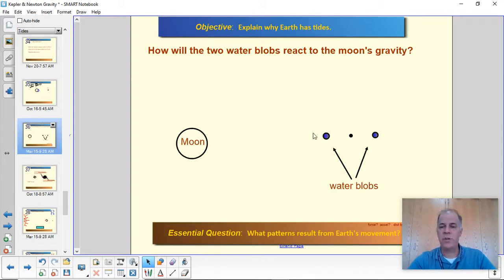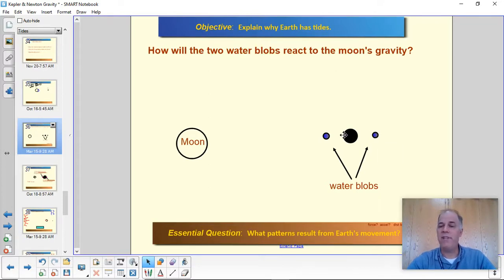The whole package would be getting elongated, stretched out, like a slinky being pulled apart a little tiny bit. And if we made the rock bigger, same thing's going to happen. It doesn't matter how big this rock is. As they fall in toward the moon, there's still going to be this stretching effect, because the force on the near blob is stronger than the force on the far blob.